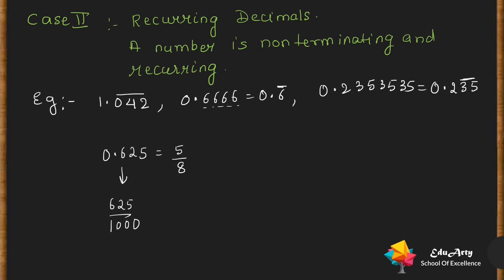But here there is a problem, because you are not aware of how many zeros to put. In which case, we will have to follow certain steps to show these numbers in the p by q form. We will take one sum and see what steps we are going to follow.